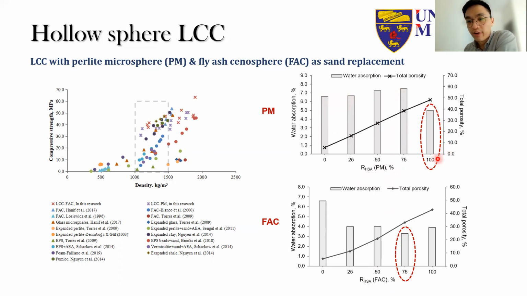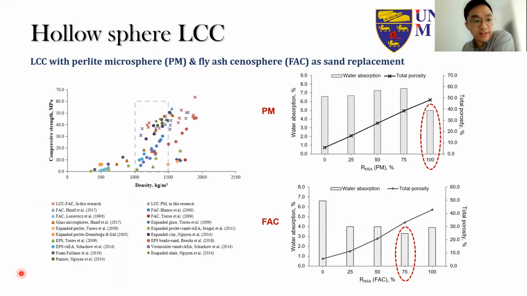And in fact, at 100% replacement, the water absorption reduces. And for the case of fly ash cenosphere, using the fly ash cenosphere itself will essentially reduce the water absorption of the LCC.